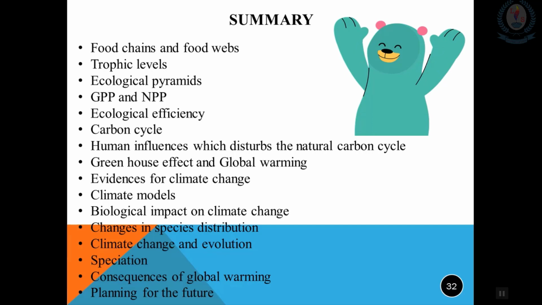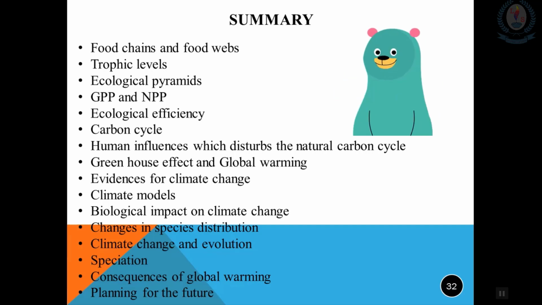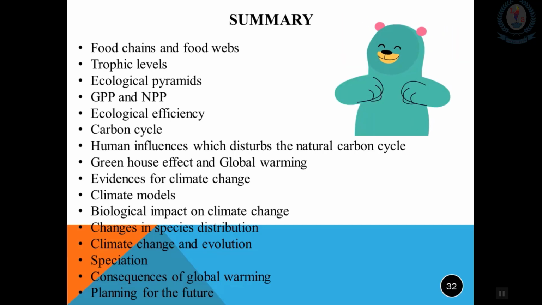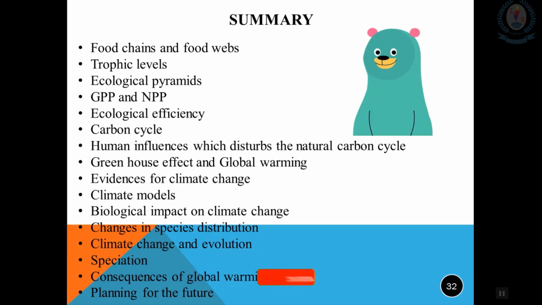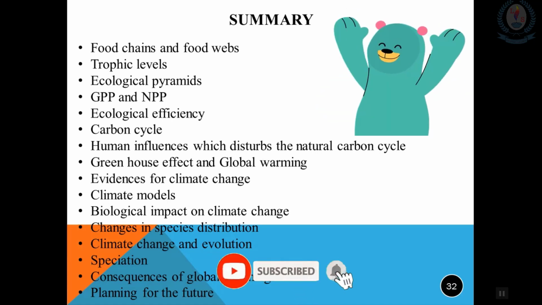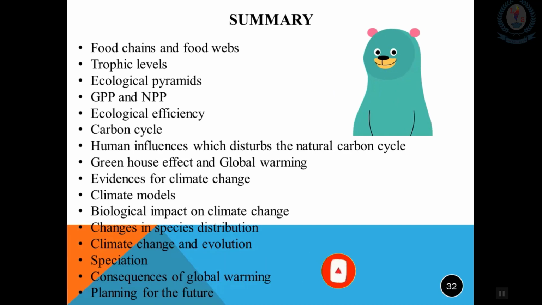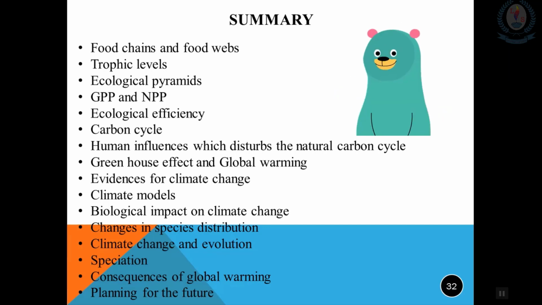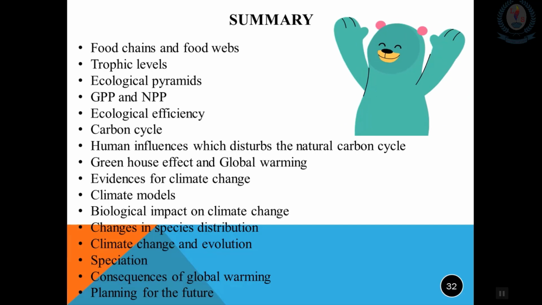We discussed the evidence for climate change and the climate models that we can use to predict the future of the climate. And we discussed the biological impacts of climate change, changes in species distribution, the concept of speciation and the consequences of global warming, and we discussed how to plan our future.